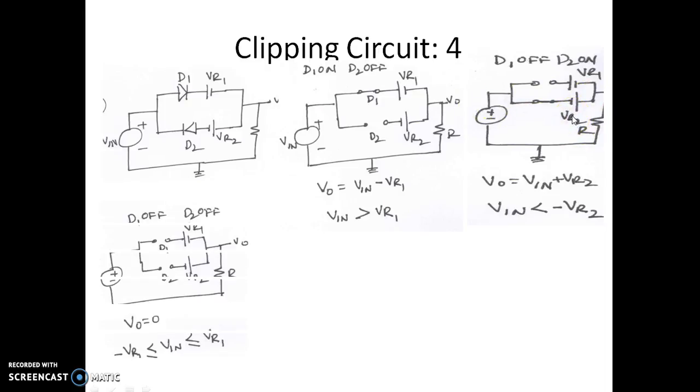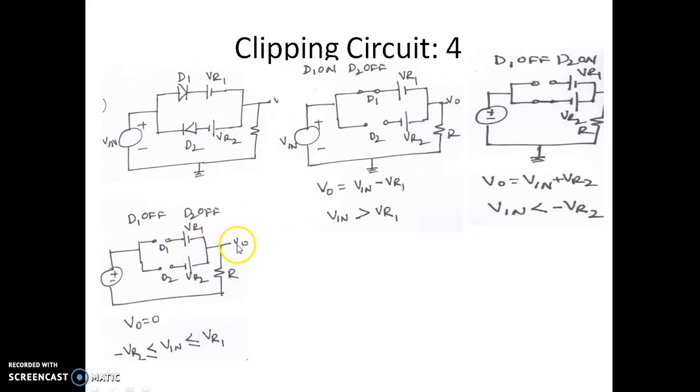And here we shall see the third equivalent circuit, when both the diodes are off. Since the diodes are connected in opposite directions, there is no possibility that both diodes can be turned on simultaneously, but both can be off, because the reverse voltage applied by VR1 and VR2 will ensure that the diodes are off under a particular condition.